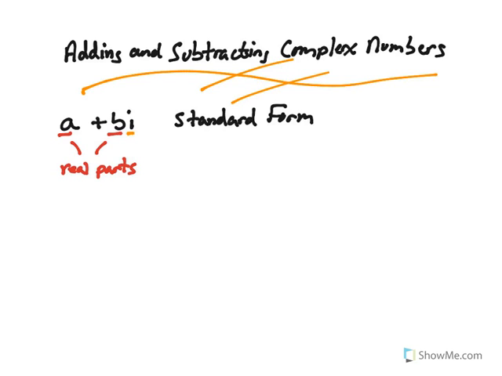And the i is the imaginary part. Okay? So a complex number is a real number if b is 0. Okay? So keep that in mind, okay?